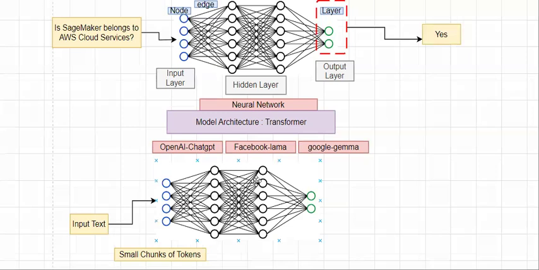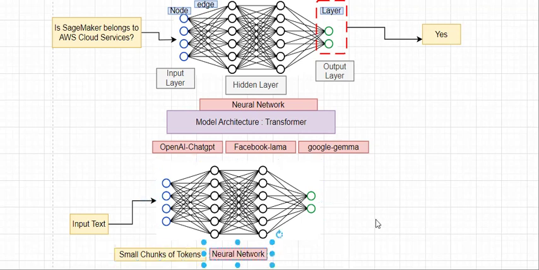Now small chunks of tokens are nothing but text data only. How will our model analyze that data? For that, first it needs to be converted into numeric values, right? Yes. So what will convert that text into a numeric representation of words?